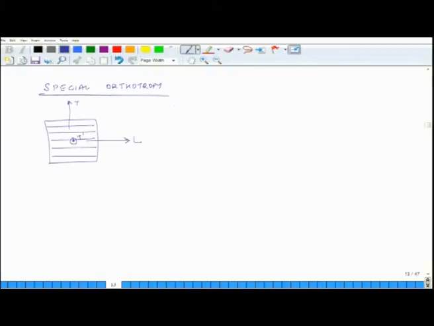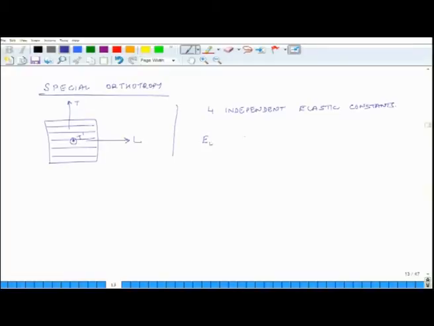Now, we had mentioned earlier in one of the classes, and later we will actually prove it, that a specially orthotropic material has 4 independent elastic constants. So, what are those?